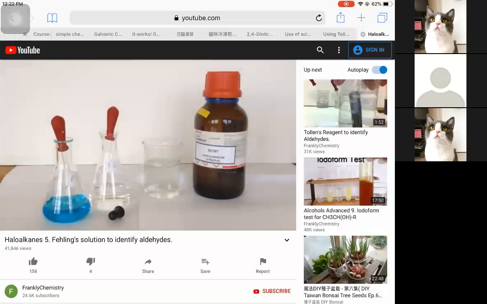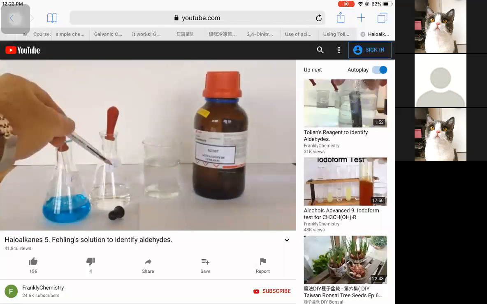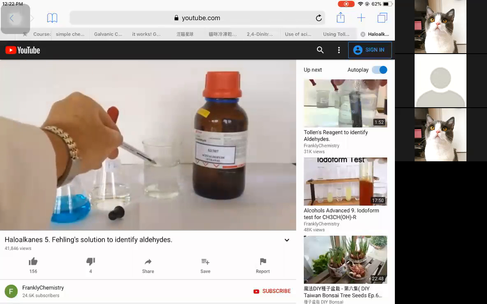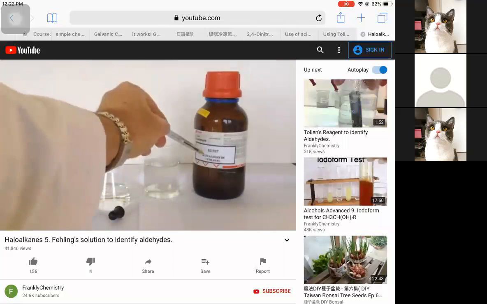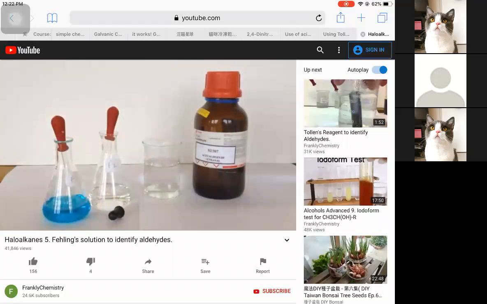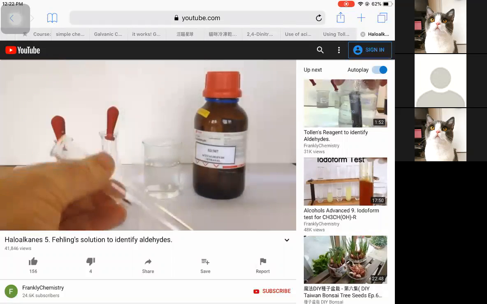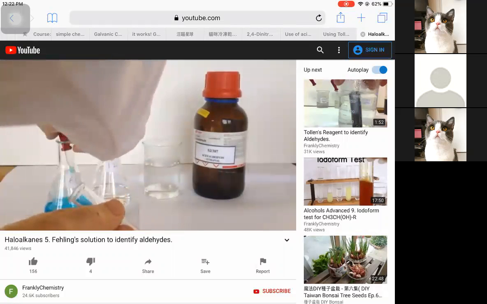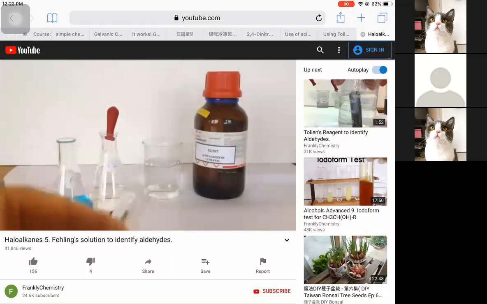So you can see labeled on the left-hand side, the blue reagent is Fehling's A or Fehling's 1 reagent. And the next one, labeled F2, that's Fehling's B, the second reagent. And then you also need some sodium hydroxide, and then your sample.